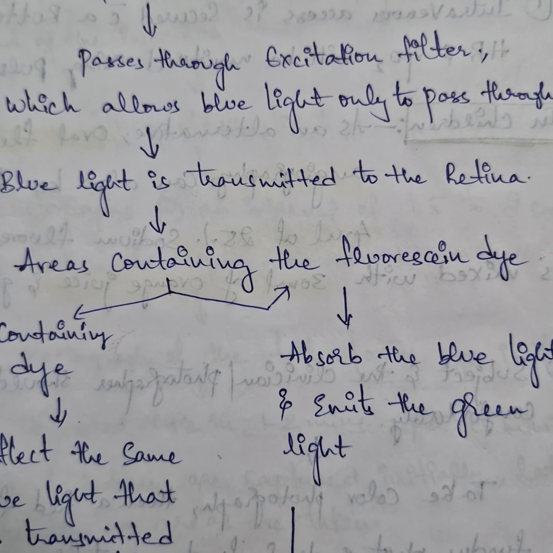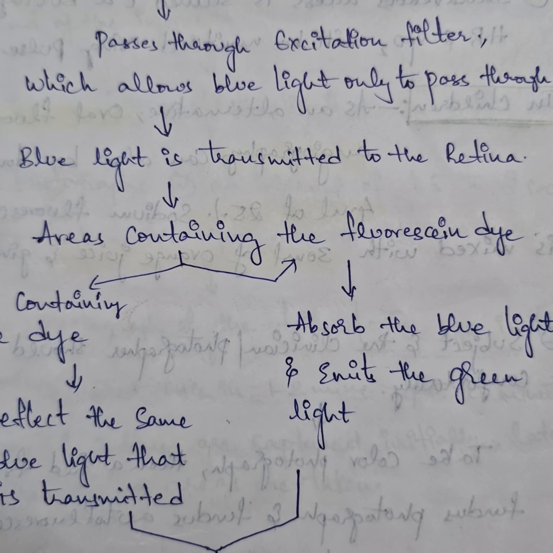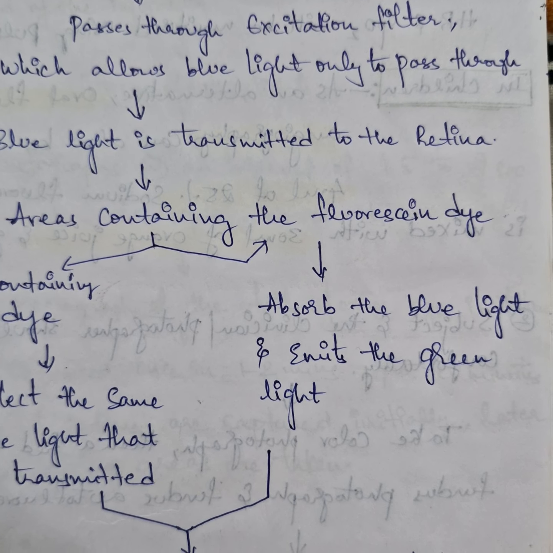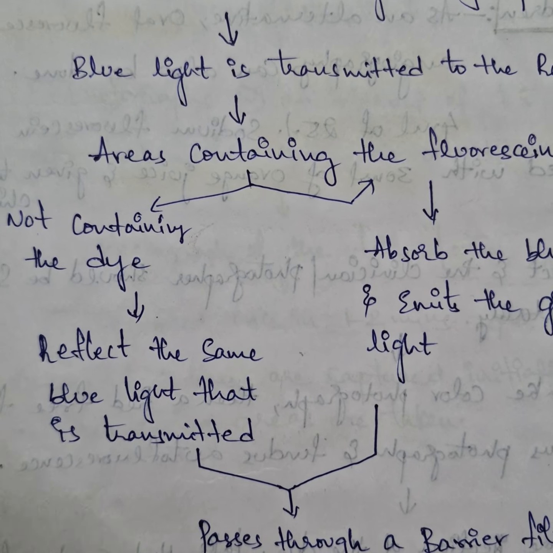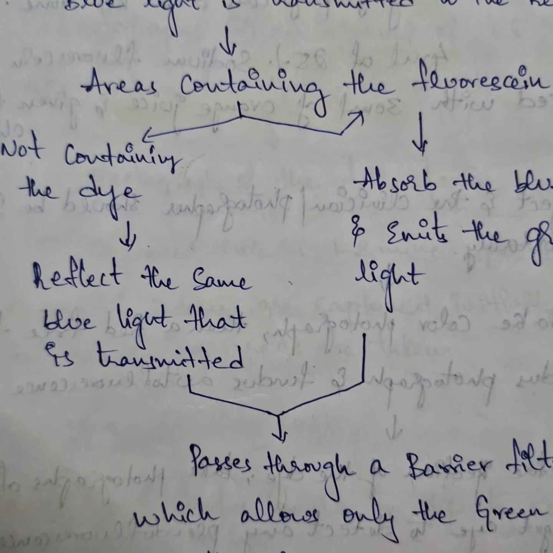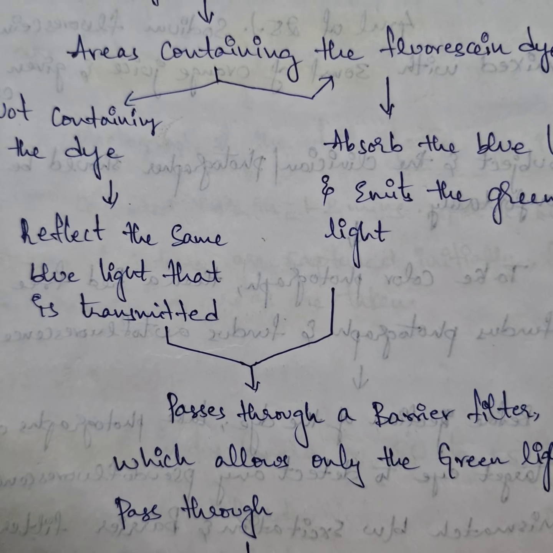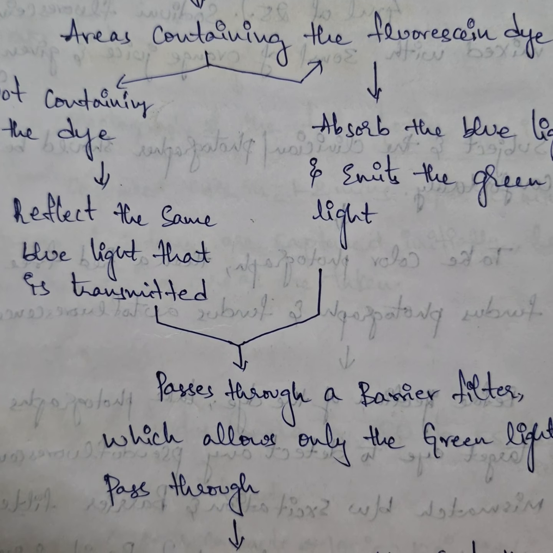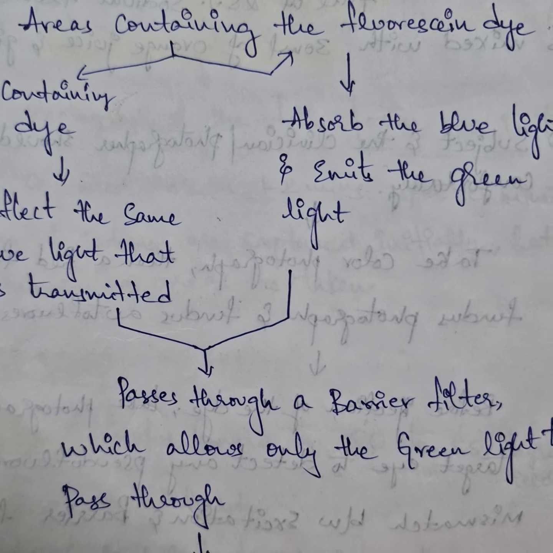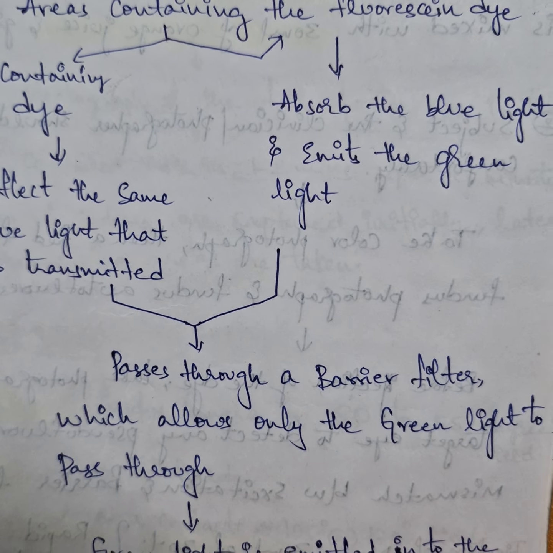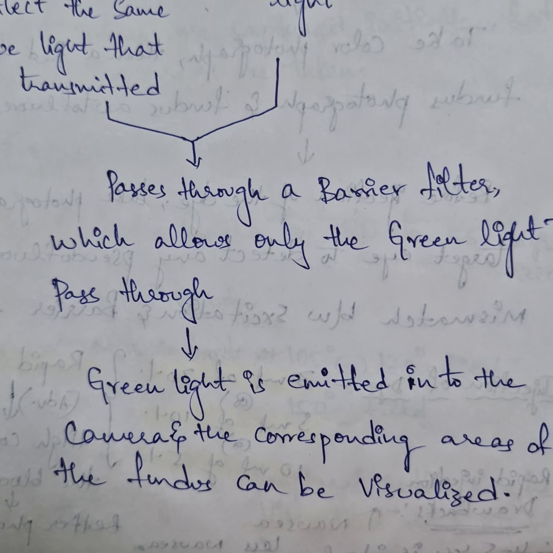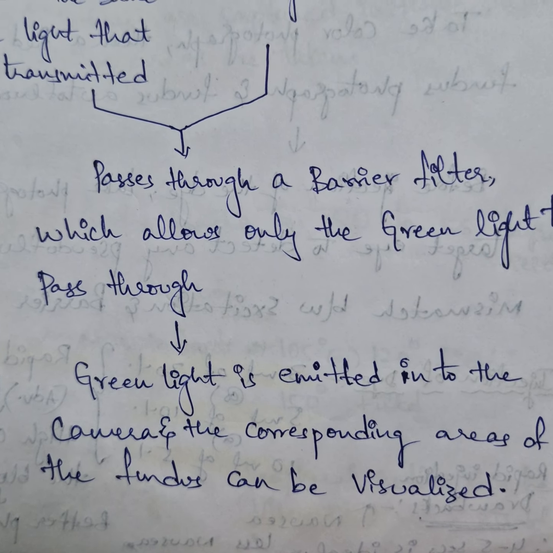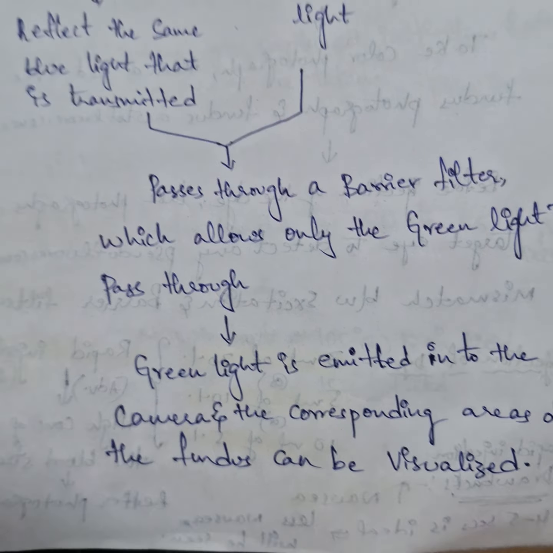This blue light is transmitted to the retina, and the areas containing the fluorescent dye will absorb this blue light and emit green light, whereas the areas not containing the dye will reflect the same blue light that is transmitted. Both the blue and green lights pass through a second filter called the barrier filter, which allows only the green light to pass through. Finally, green light is emitted into the camera, and the corresponding areas of the fundus can be visualized.